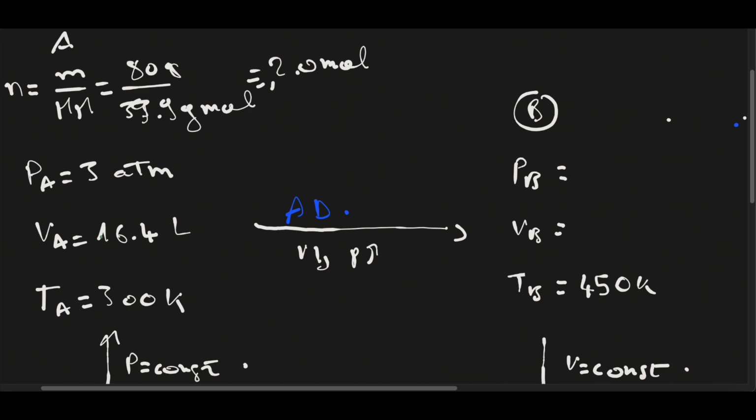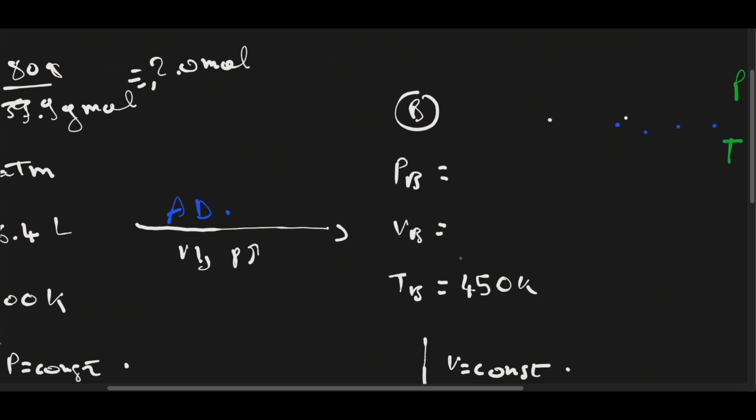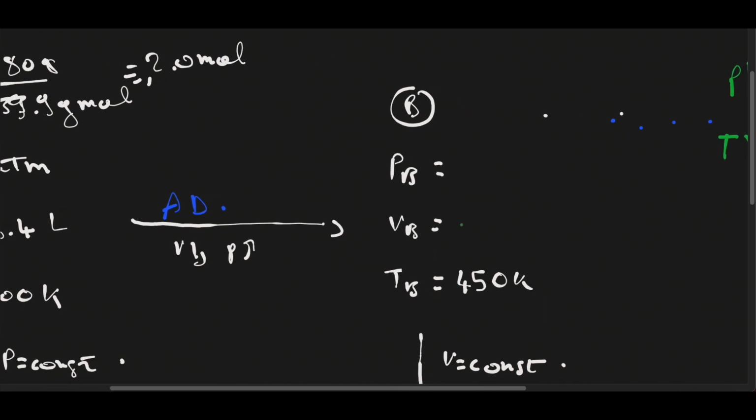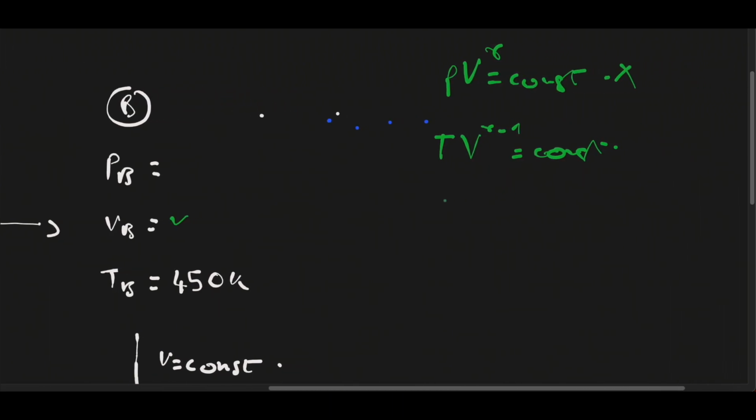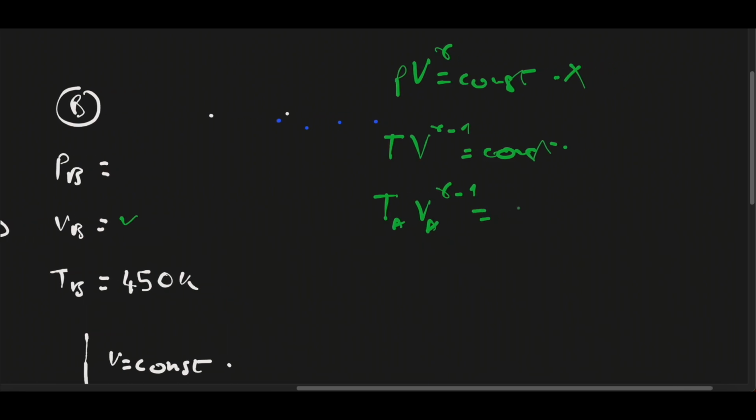Here I have both values for A, and here we have only one for B, so we can determine this value. So we can write T_A V_A^(gamma-1) is equal to T_B V_B^(gamma-1).